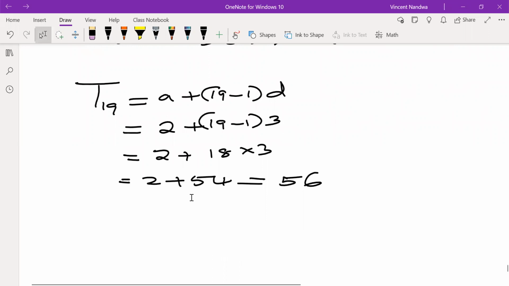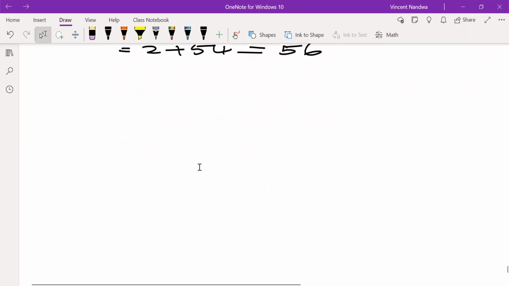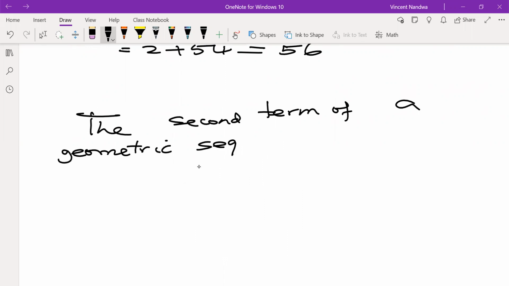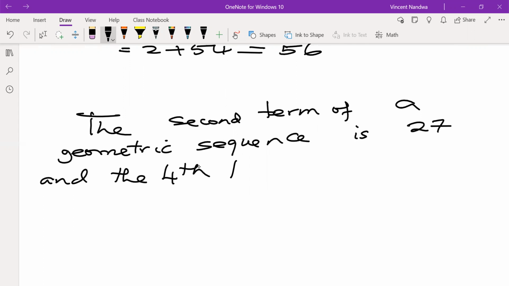Next question. The second term of a geometric sequence is 27, and the fourth term is 3.